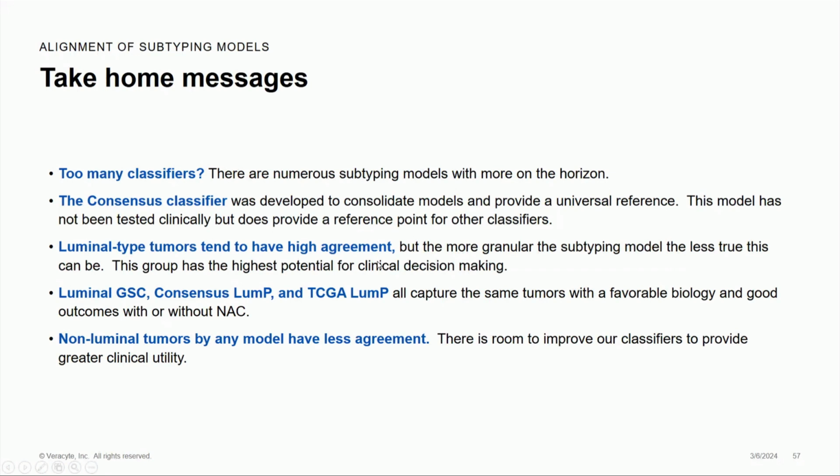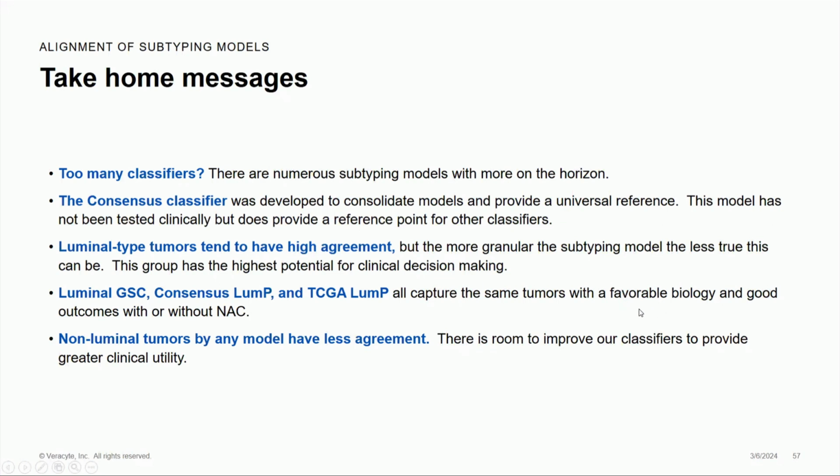There generally does tend to be a luminal type agreement, so this is encouraging. I think we are able to capture the same patients using different models. And this really is a population with the highest potential for making clinical decisions, in that we might consider treatment de-intensification. And finally, the luminal GSC, consensus luminal papillary and TCGA luminal papillary all are capturing the same tumor types of the favored biology.